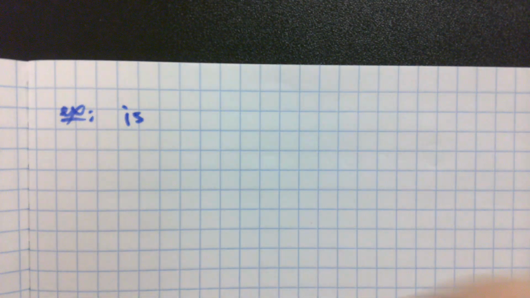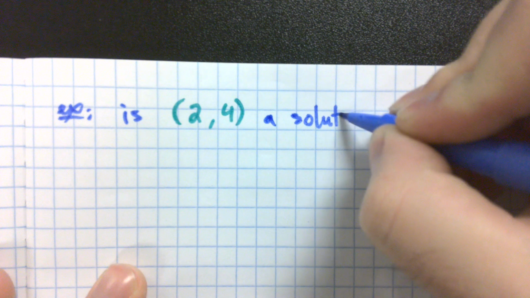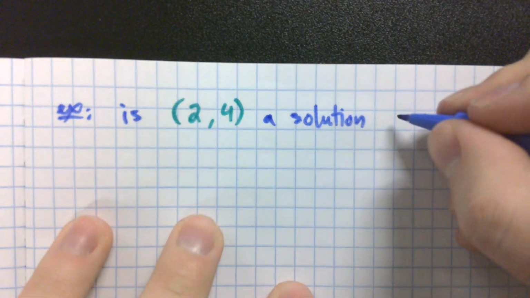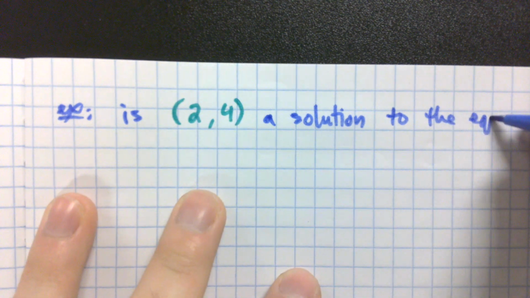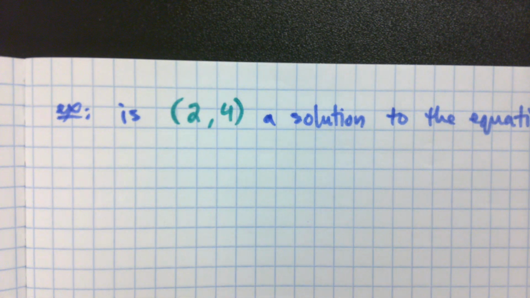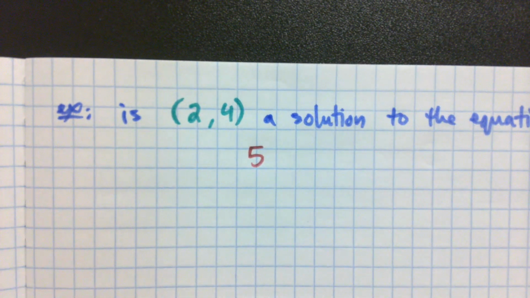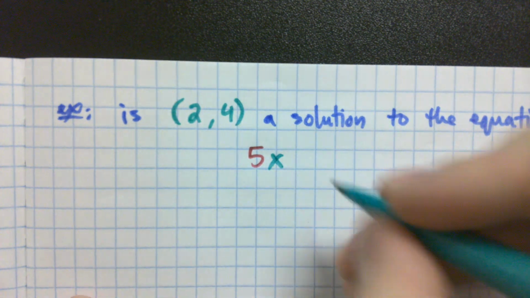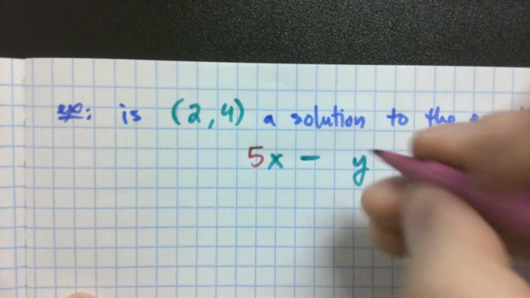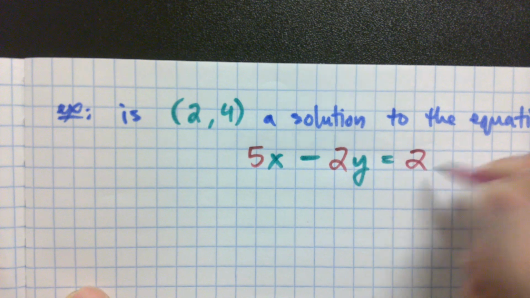Let's try and figure out, is the ordered pair (2, 4) a solution to the equation 5x minus 2y equals 2.